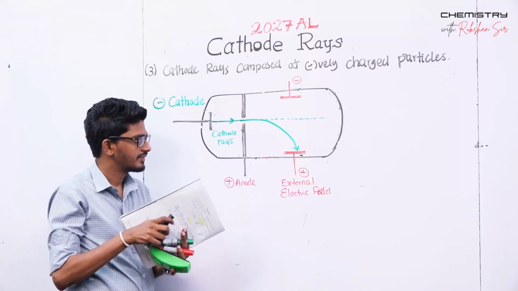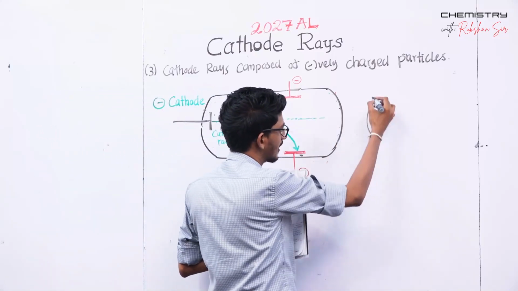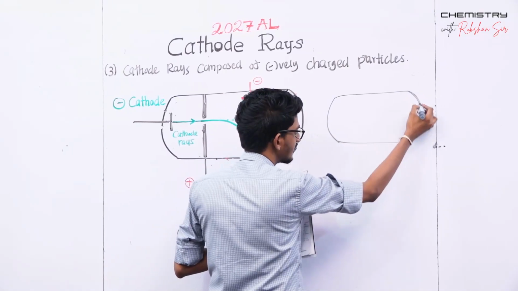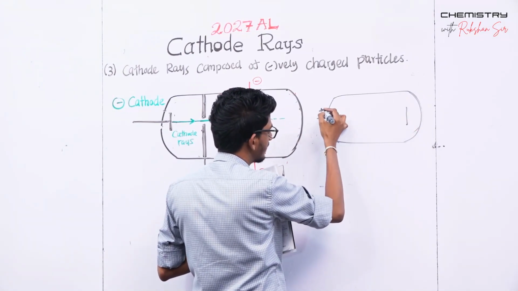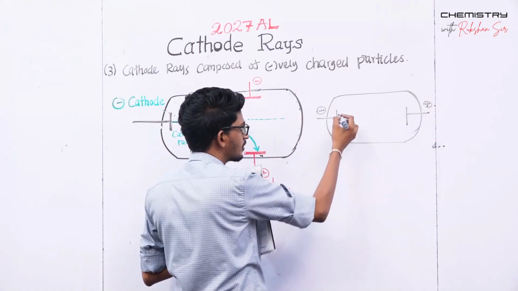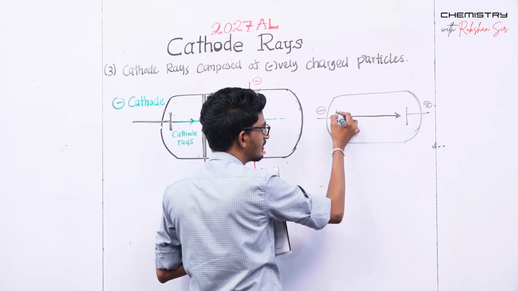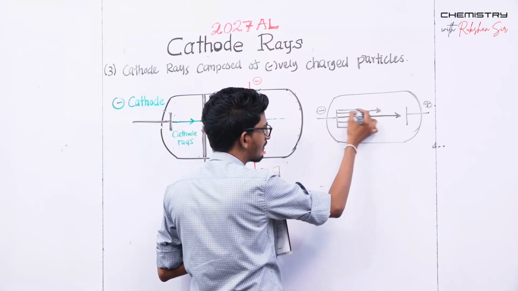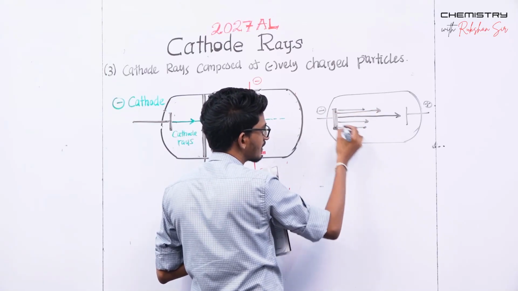One will argue that even the setup we drew earlier, the Crookes setup, this is negative, this is positive, as cathode rays are starting from the negative terminal and going towards here. So even this kind of setup will be enough to prove the cathode rays are traveling towards the positive terminal.